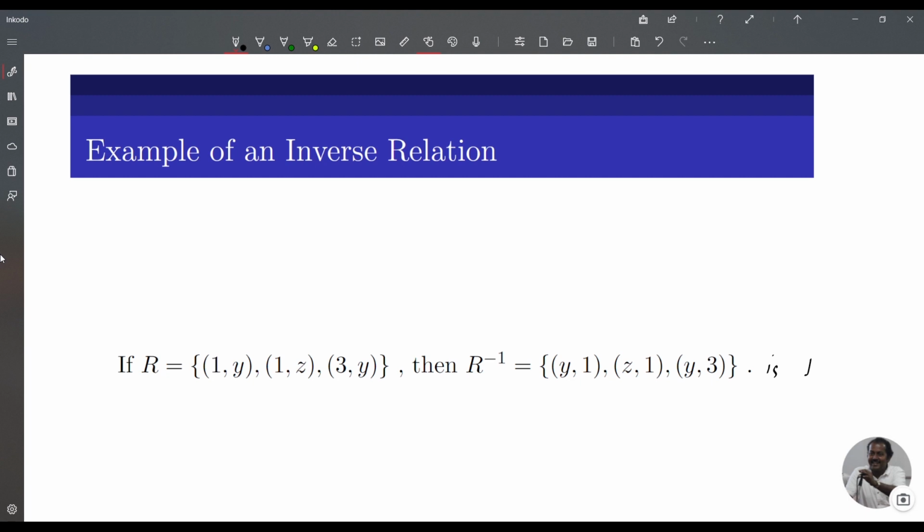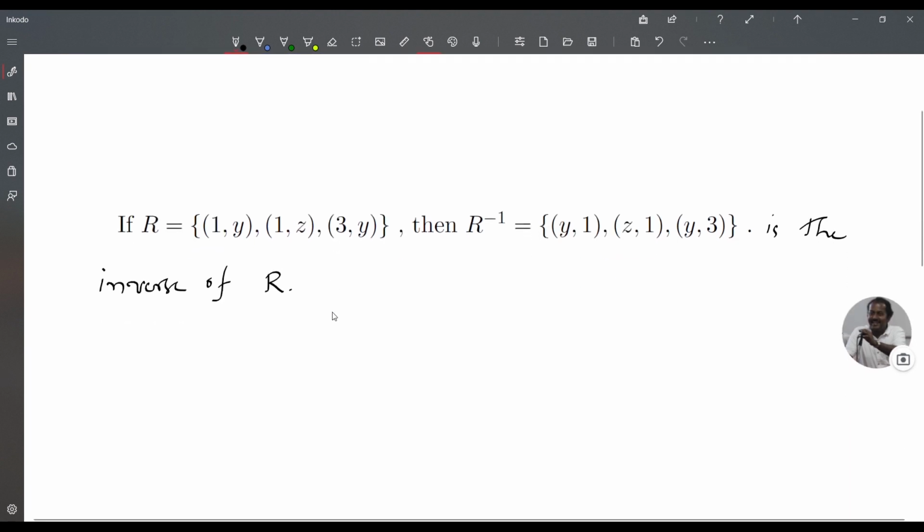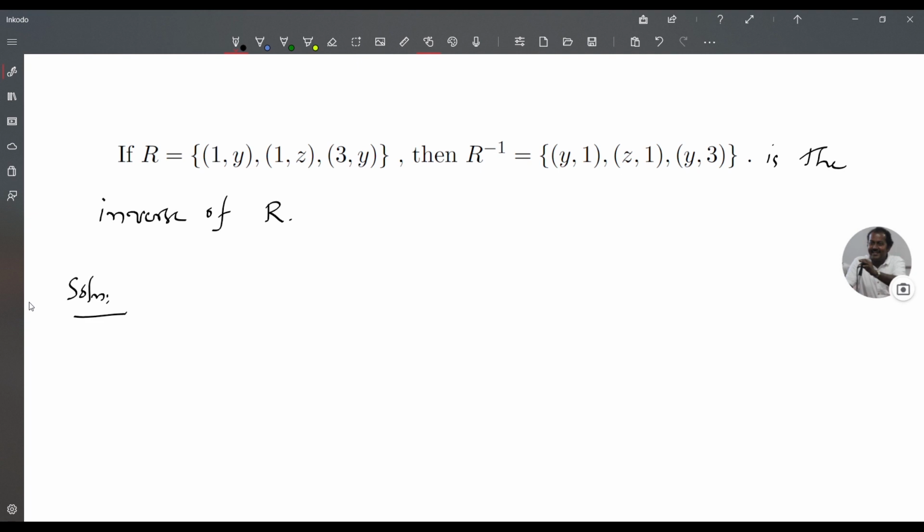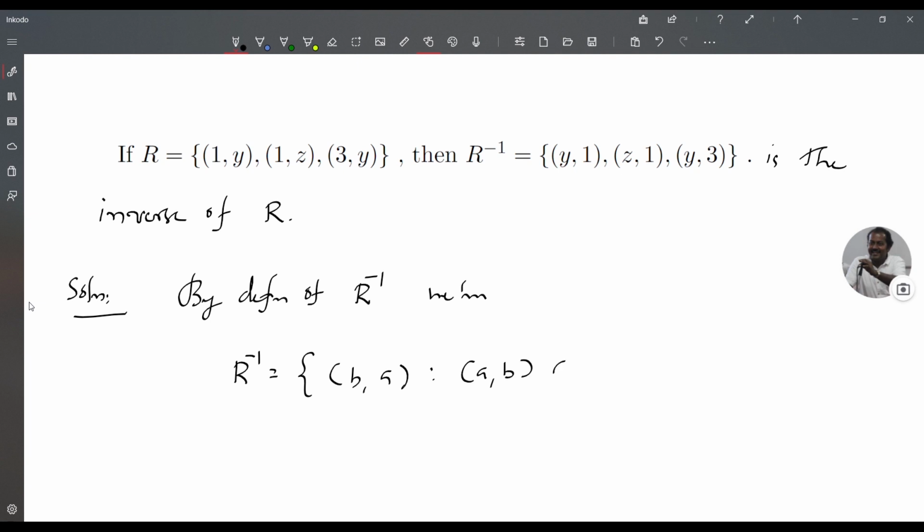So we prove this. By definition of R inverse, we have R inverse is the set of all (b, a) such that (a, b) belongs to R. So you consider elements of R. We have R equal to (1,y), (1,z), (3,y).